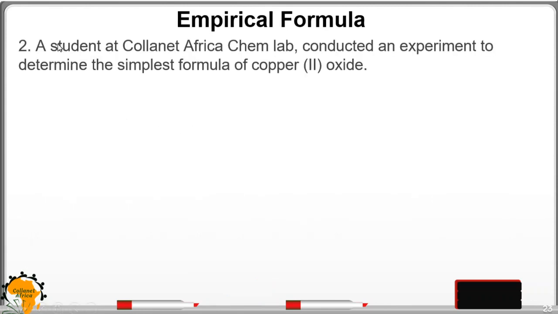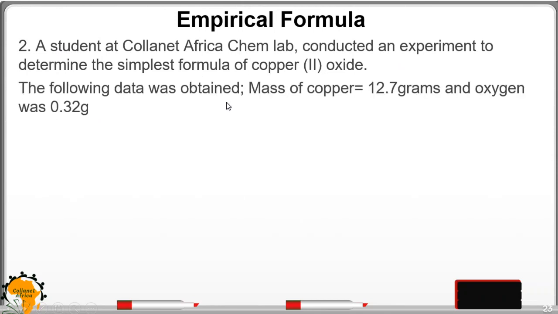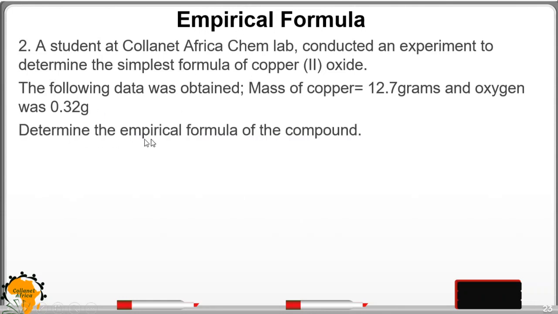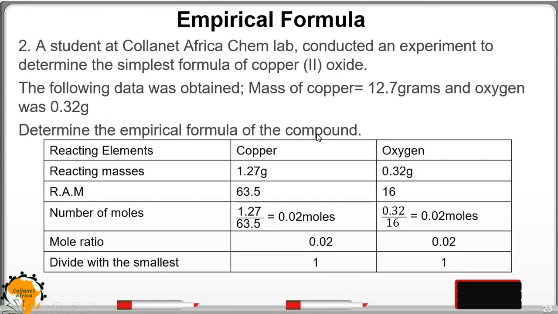A student at Colanet Africa Lab conducted an experiment to determine the simplest formula of copper II oxide. The following data was obtained: mass of copper 12.7 grams and oxygen 0.32 grams. Determine the empirical formula of the compound.